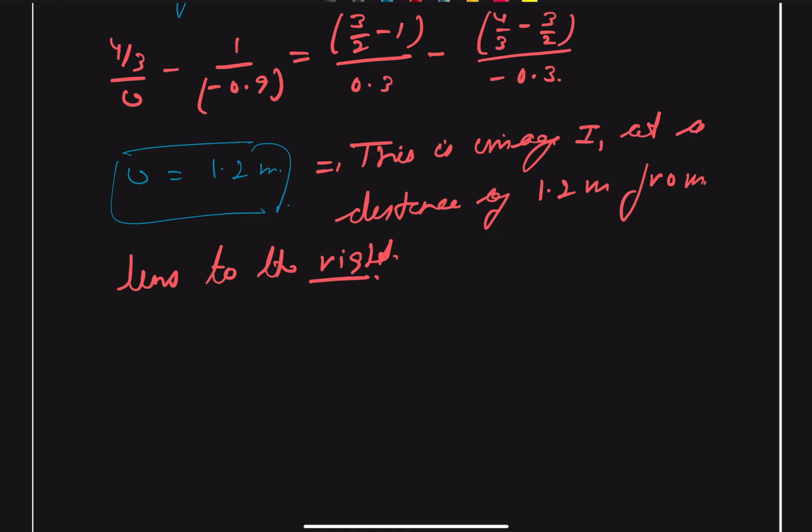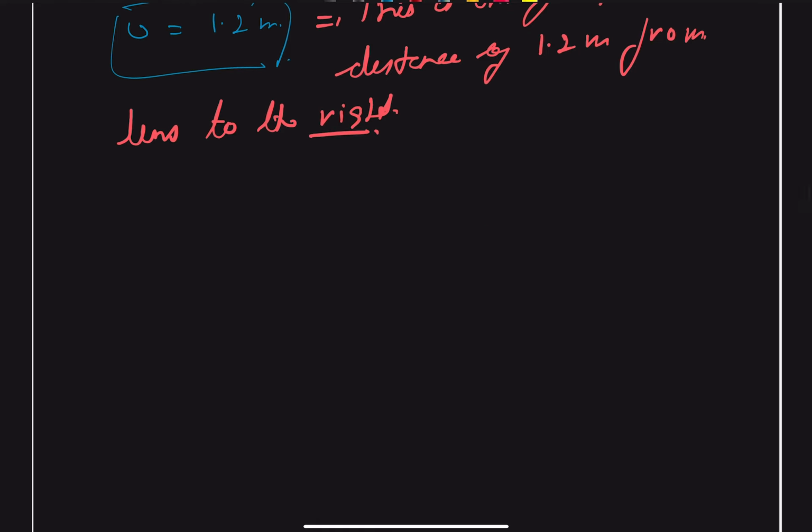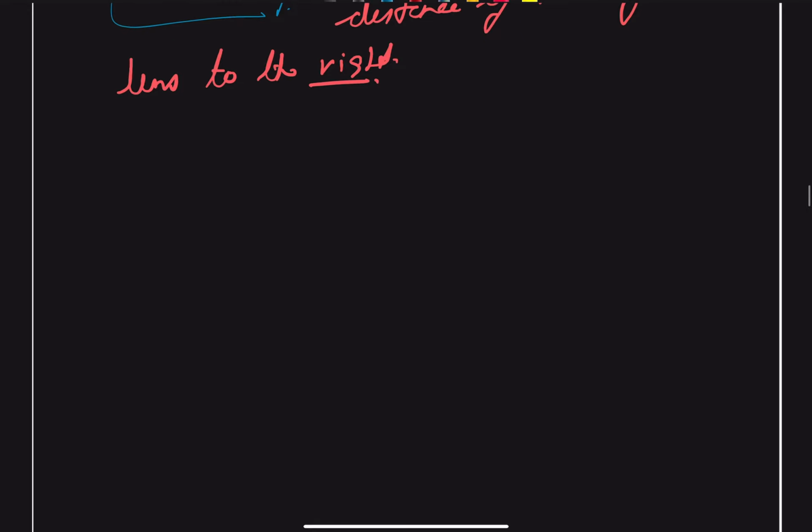So we can just draw the figure for this particular thing. This is our lens, and we have the principal axis, and this is our tank, and the object is somewhere here.